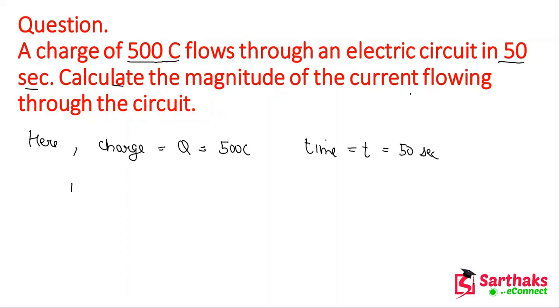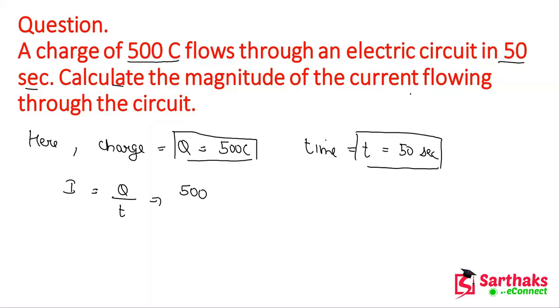We all know that I equals Q divided by T. Now we have Q equal to 500 coulomb and T equal to 50 seconds, and 500 divided by 50 equals 10.